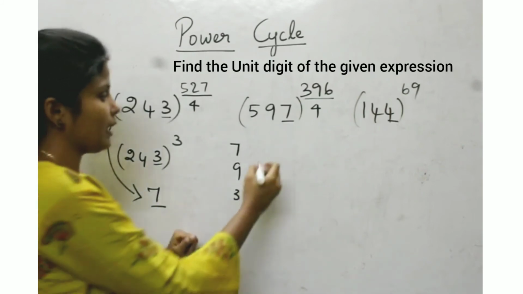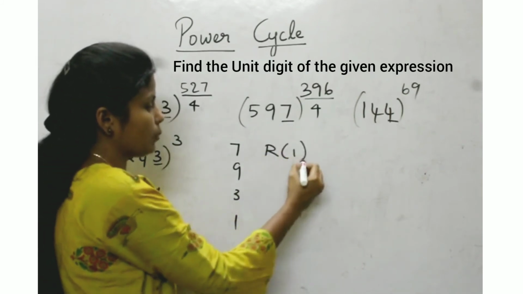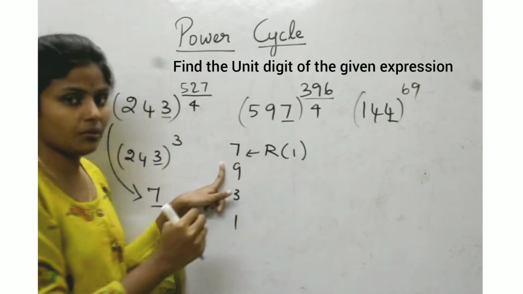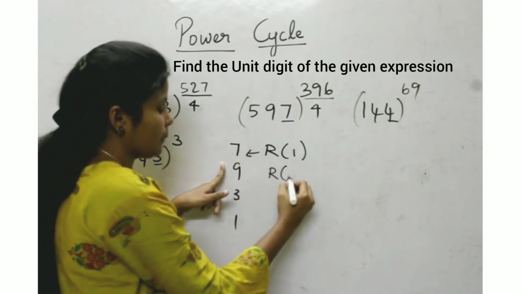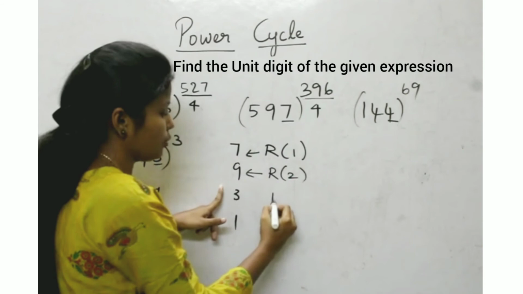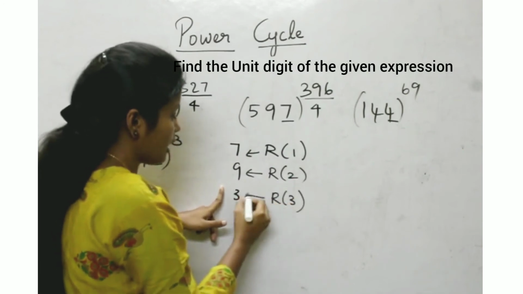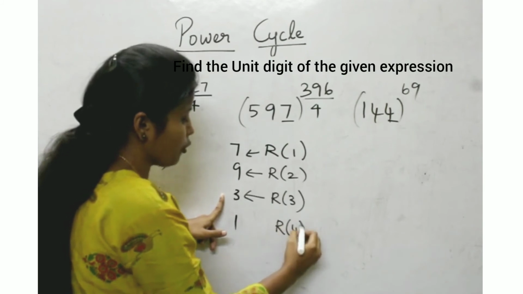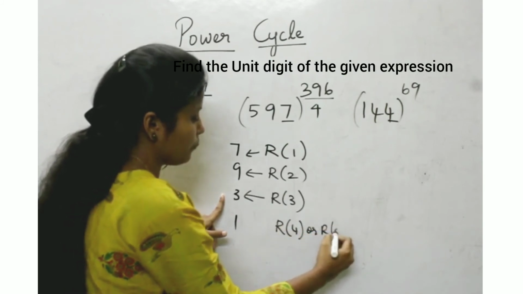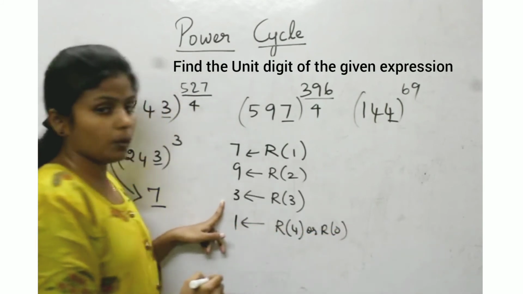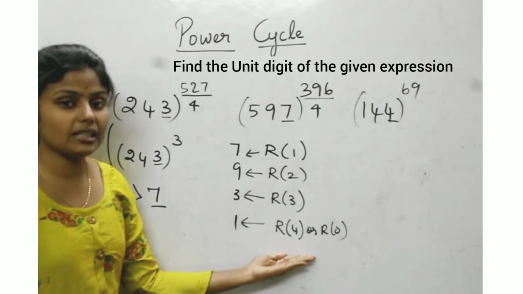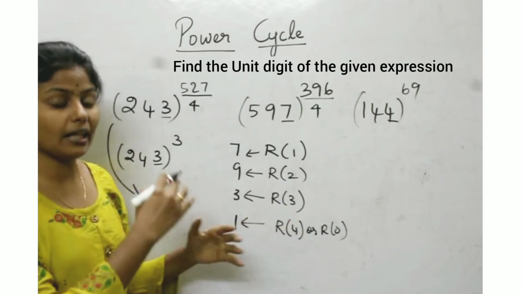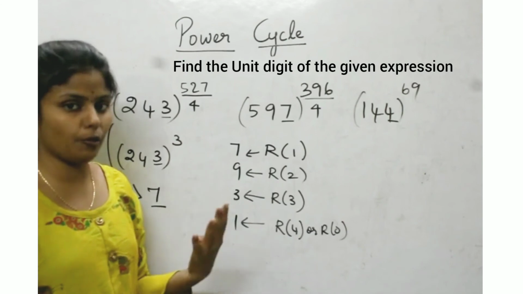It's pretty simple: if you're left with remainder 1, then your unit digit will be 7. If the remainder is 2, 9 would be the unit digit. If the remainder is 3, then 3 would be the unit digit. If the remainder is 4 or 0, then 1 would be the unit digit. This will be the same for all the powers that repeat themselves for every 4 powers.